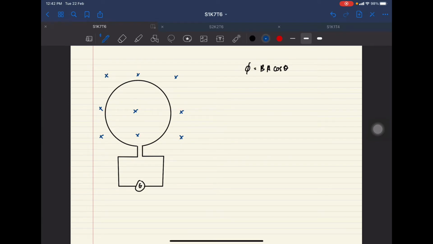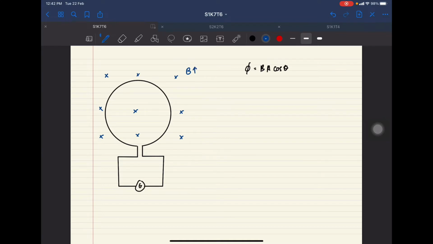Let me put this as B. This B is the magnetic field that exists there, and initially it's going into the page. Let's see what will happen if the magnitude of the magnetic field increases.